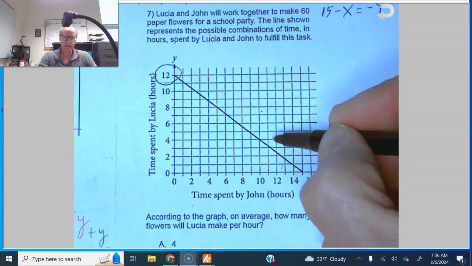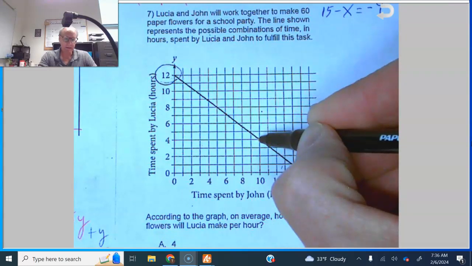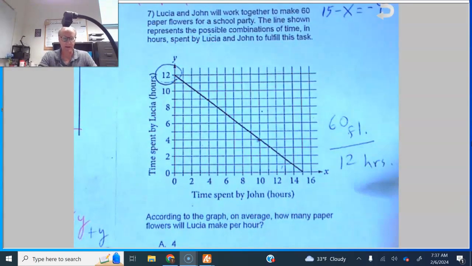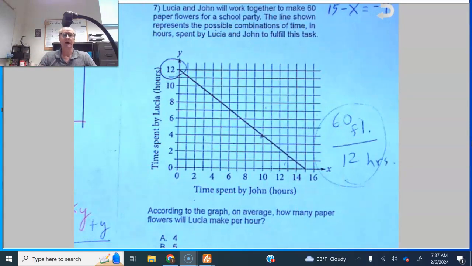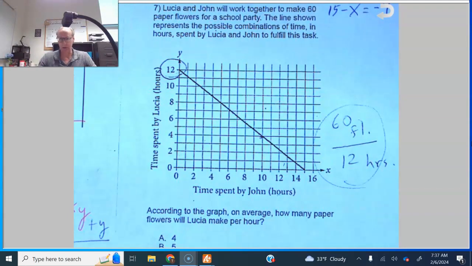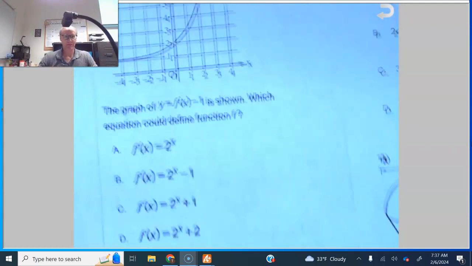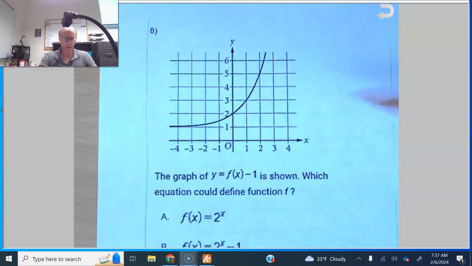For example, it looks like this one is right on the 10, for him and 4 for her. Oh, no, you can't. You have to go all the way to here. Sorry, my bad. Anyway, there it is. She makes 60 flowers in 12 hours, so figure out how many she makes per hour, per 1 hour. You're going to have to reduce this. I was thinking I could cheat on it a little, but you can't. You got to go to the absolute y-intercept.